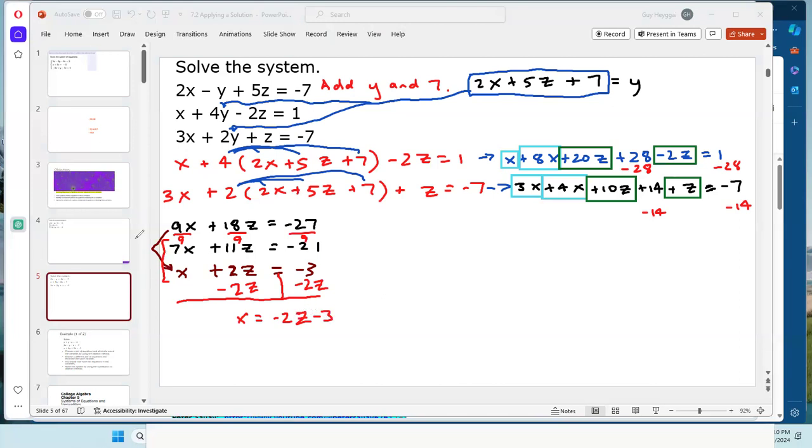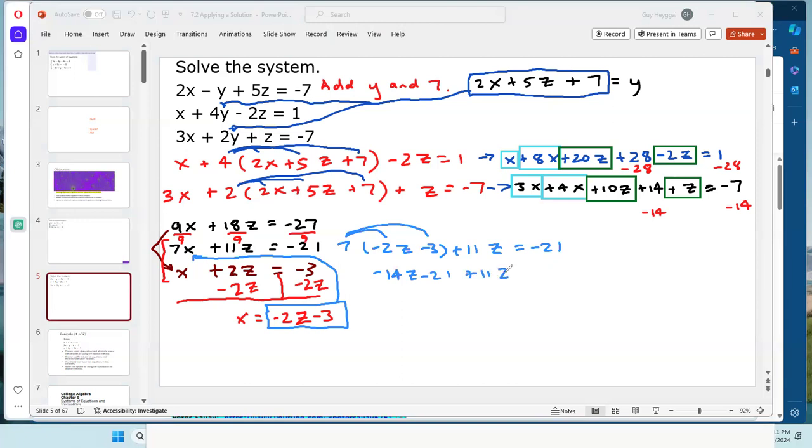We will take this thing, throw it into the other equation for x, so that'll be right there. 7 times that thing plus 11z equals -21. So we'll just solve a linear equation here. -14z minus 21. Oh, it could be trickiness.